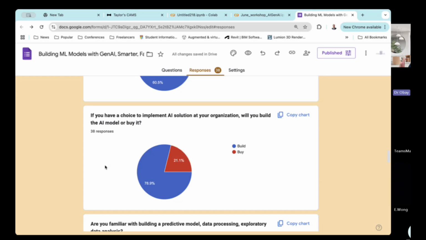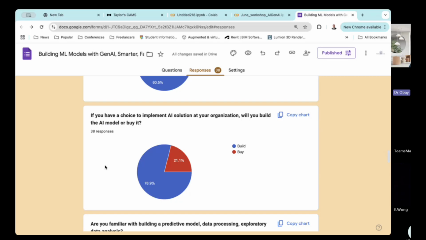If you ask me, I think it is based on the situation of the organization. This is a very interesting question for all of you to understand what is going on in the market. Buying it is definitely going to be easier, faster, and cheaper.